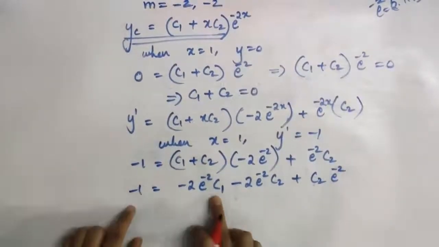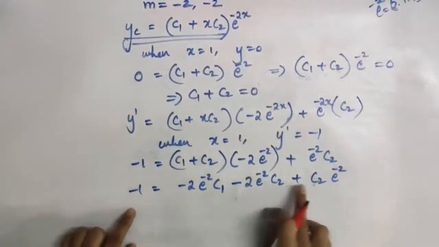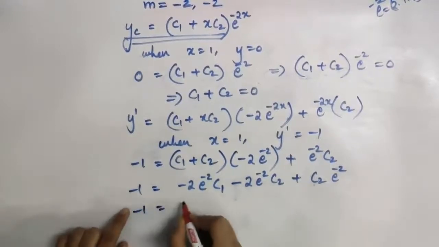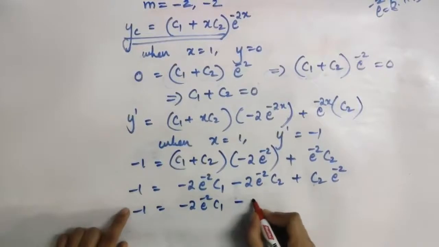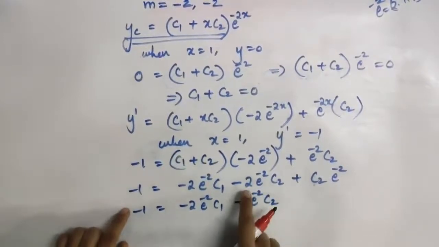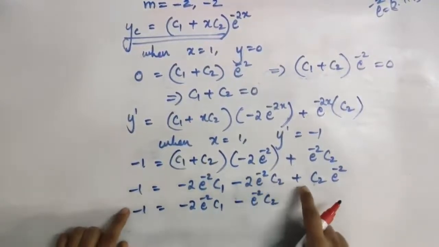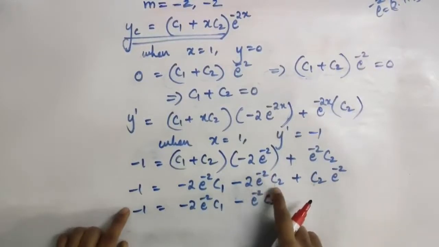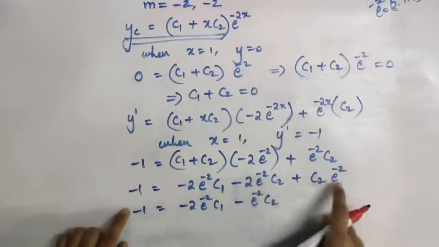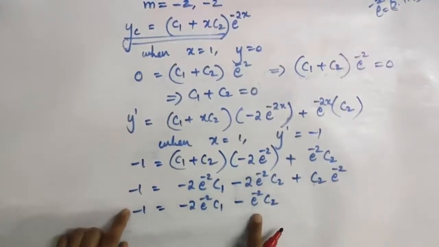Now you can simplify the two terms over here. Minus 1 is equal to minus 2 into e to the power minus 2 c1 minus e to the power minus 2 c2, because minus 2 times this term plus 1 times this. You can take e to the power minus 2 c2 common, you will get minus 2 plus 1, so it will be minus e to the power minus 2 c2.